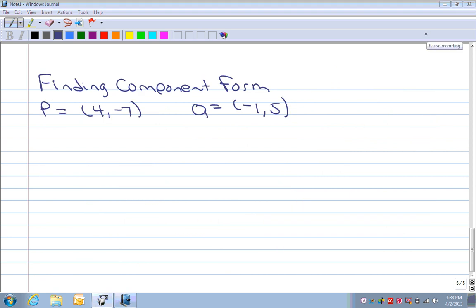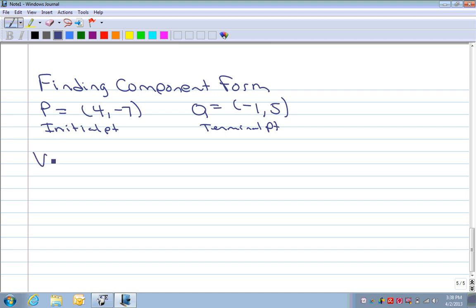All right, here we have two ordered pairs, point P and point Q. We're going to say that this is the initial point, and Q is your terminal point. All right, so first let's find the component form of the vector.